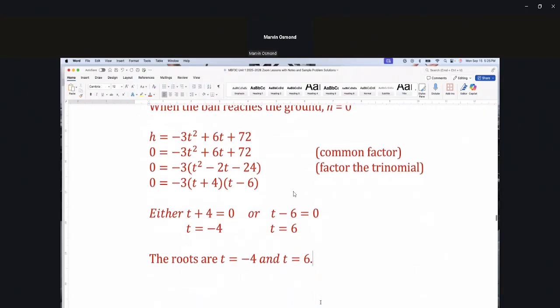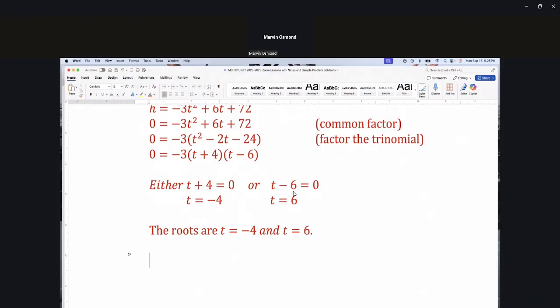So we can't have negative time. We can't have negative time, therefore t equals 6. Okay, so therefore t is equal to 6.